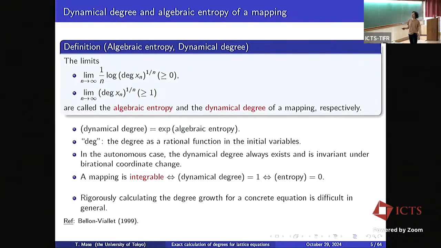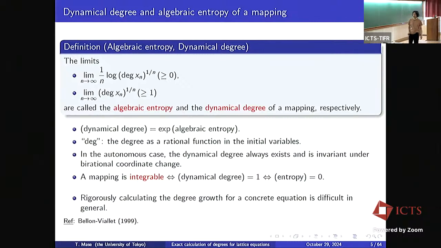It has a lot of good properties, but what is important is this. The discrete integrability in this talk is defined by the zero algebraic entropy criterion. So if the entropy is 0, then the mapping is called integrable in this talk.